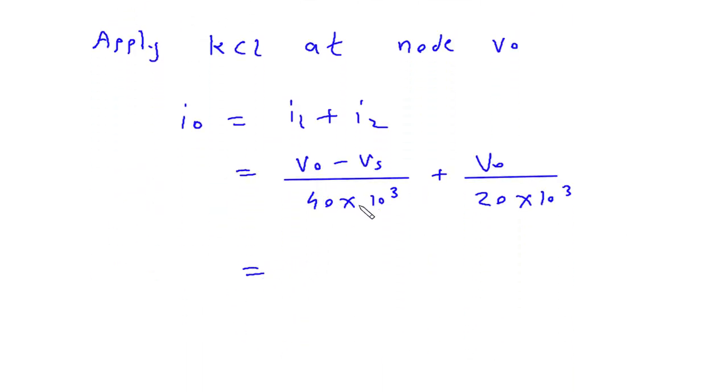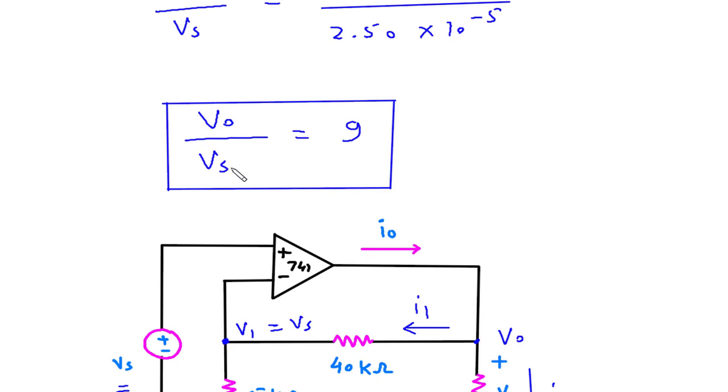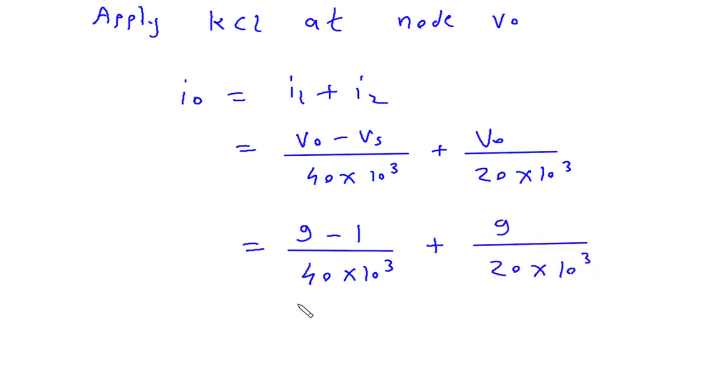VS is equal to 1. Now when VS is equal to 1, then VO is equal to 9. So it will be 9 minus 1 divided by 40 into 10 to the power 3 plus 9 divided by 20 into 10 to the power 3. So this will be our IO.